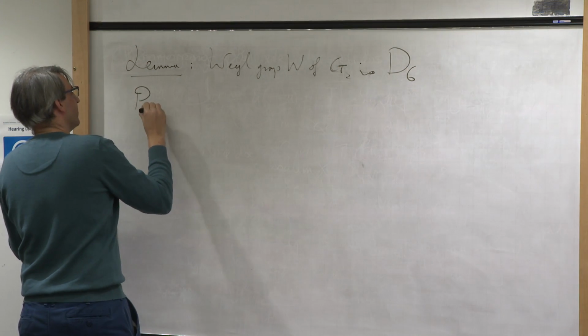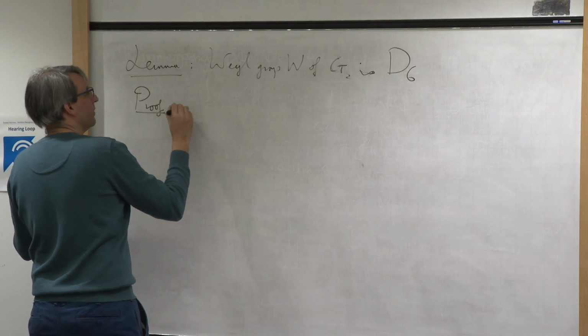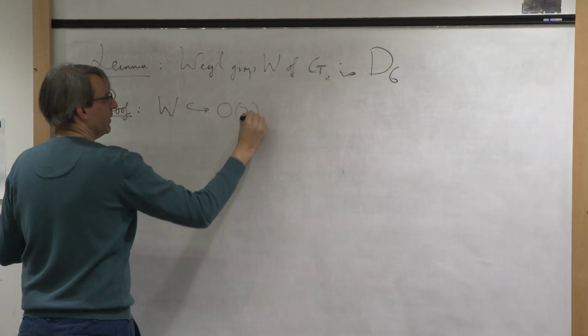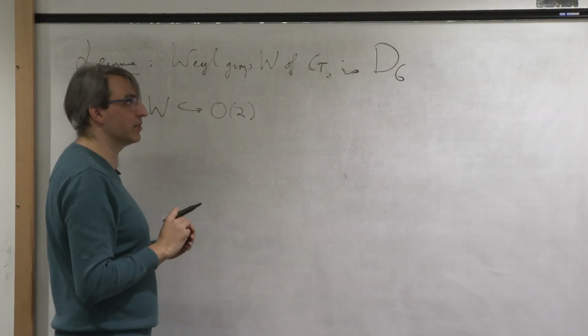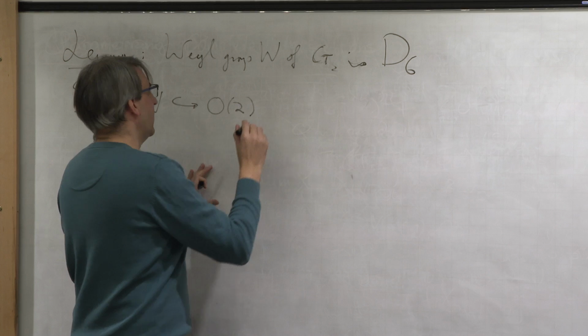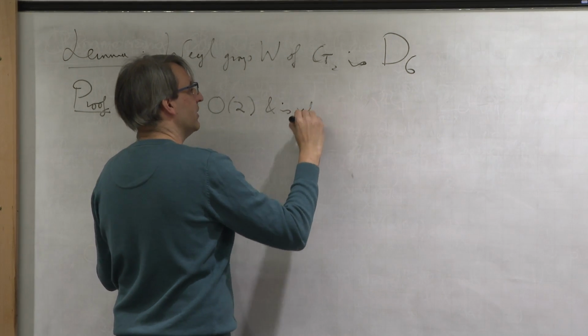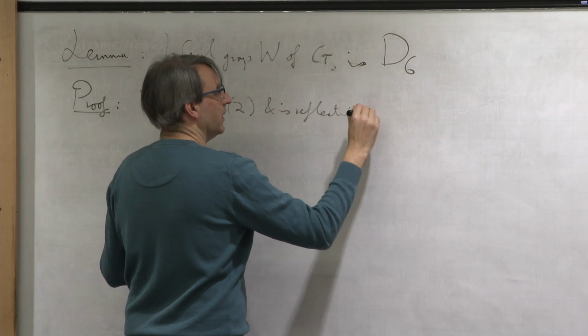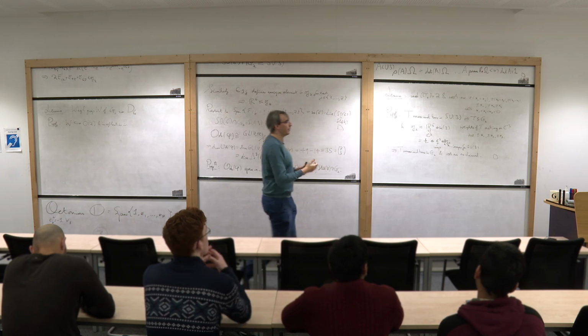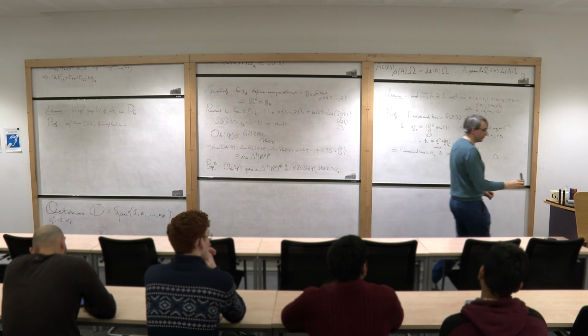And the proof is that this Weyl group must embed in O2 because G2 has rank 2. It is generated by the reflections in the root hyperplanes, but there are 6 of those.